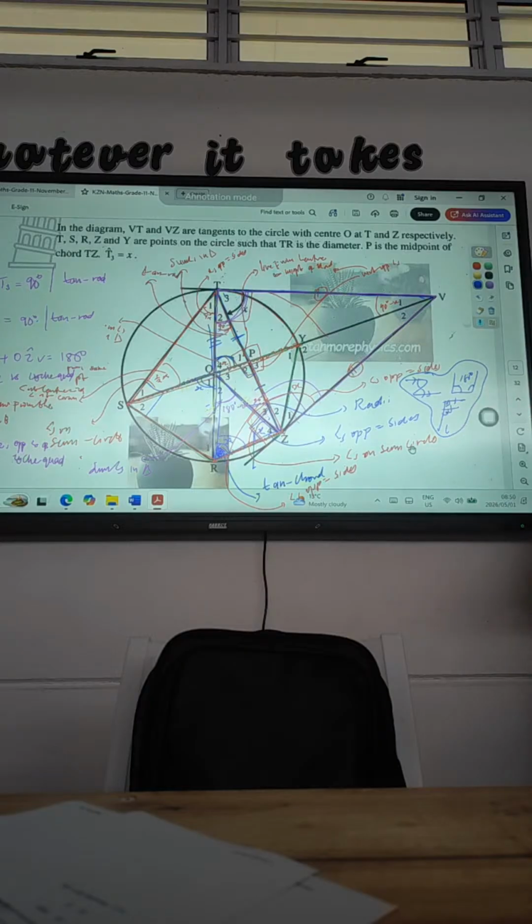Remember, there is no straightforward way to solve a Euclidean geometry question. You need to be able to visualize it so that you can answer it. Once we have almost all the information, it's easier to see what we can use to solve this problem.